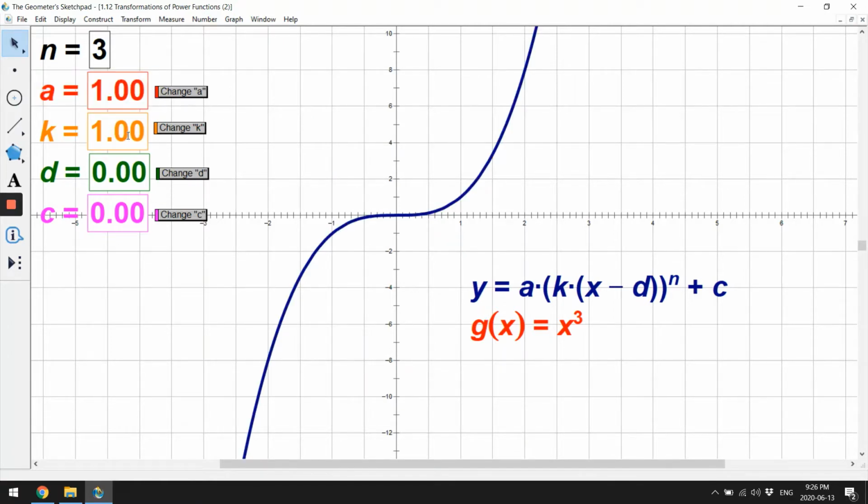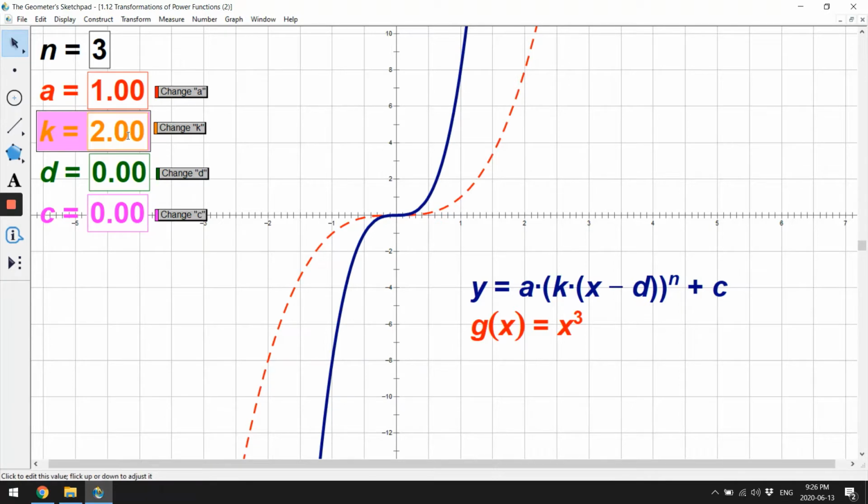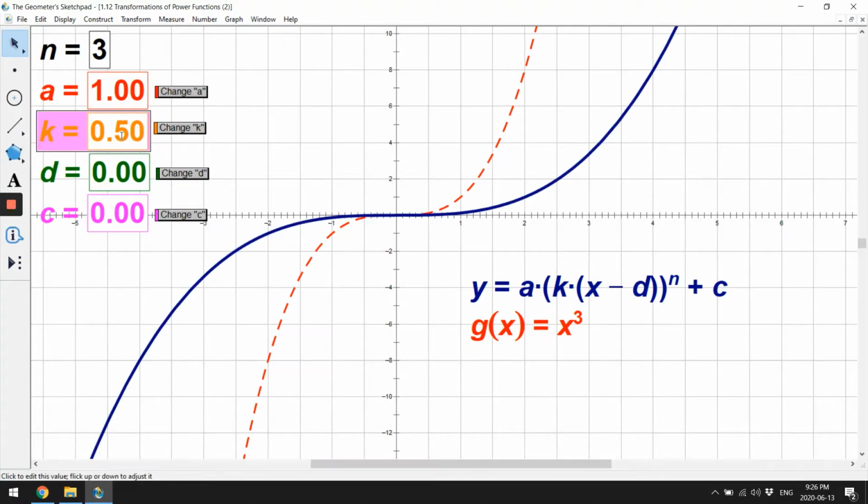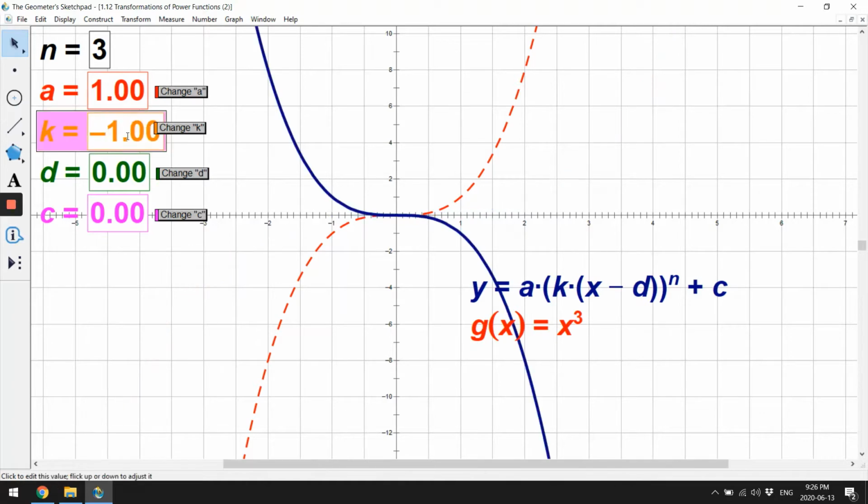K, let's say K is 2. If K is 2, you horizontally compressed it by a factor of 2, and that's also different from the textbook because the textbook says horizontal compression by a factor of half. If K was equal to half, then we can all agree that it's a horizontal stretch by a factor of 2. And if it was negative, let's say -1, then it's a reflection with respect to the y-axis.